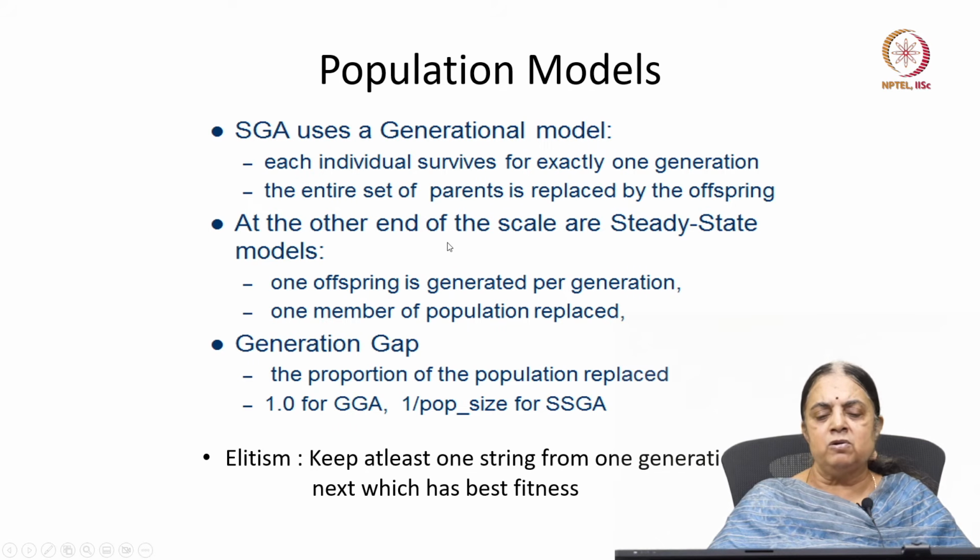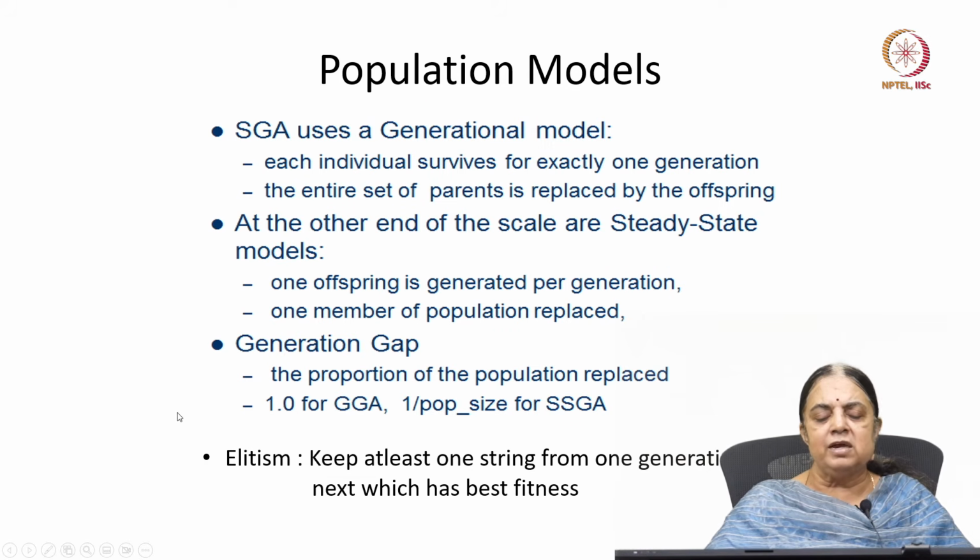Another important concept used is what is called elitism. Suppose you use elitism, it means that when you move to the next population, there will be one copy of the best string in the previous population. That is what is called elitism.